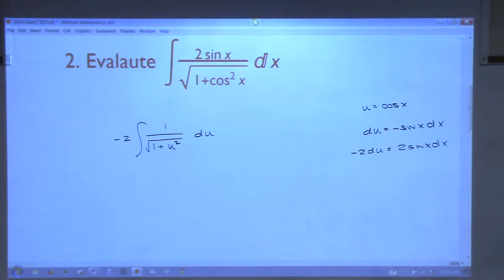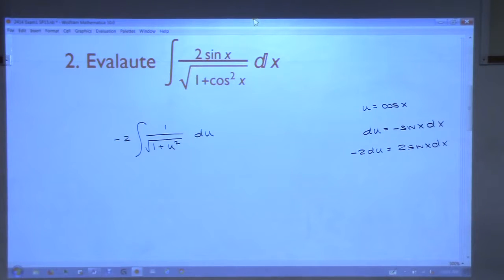Now, that is something. Go to your formula sheets. Which formula is that? Inverse sine hyperbolic. Is it? I'm trying to look at the formula here. There it is.